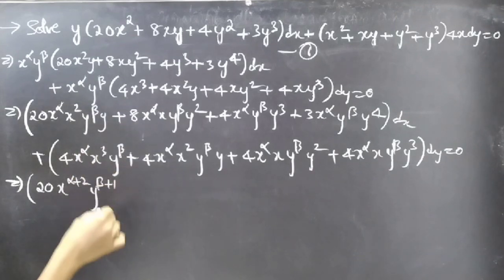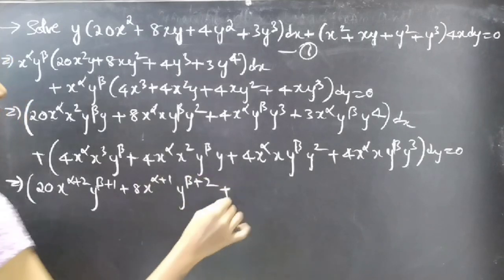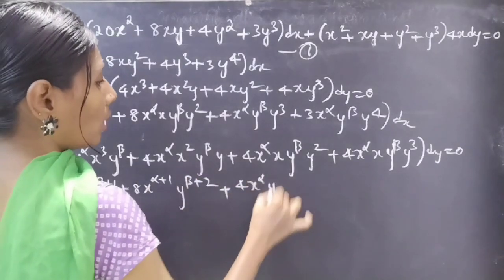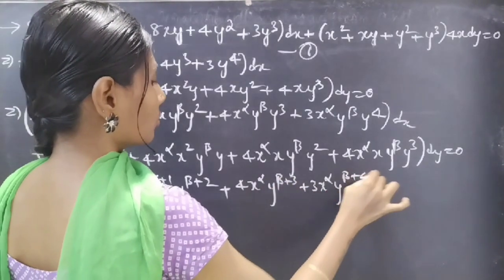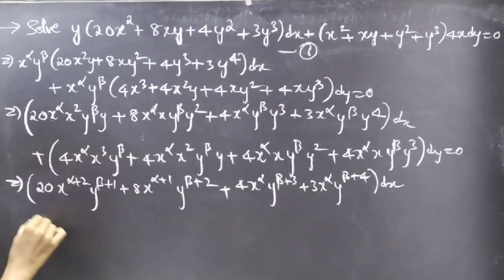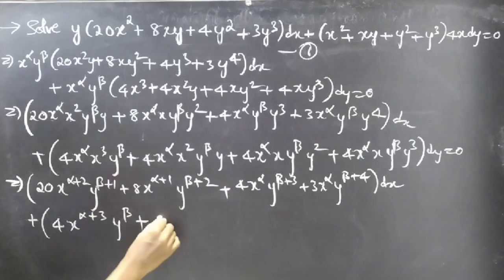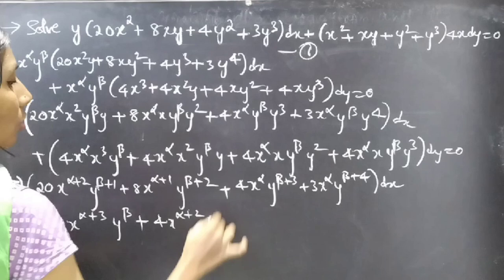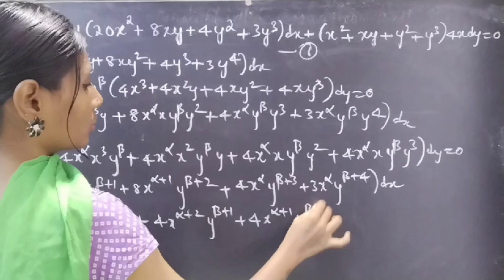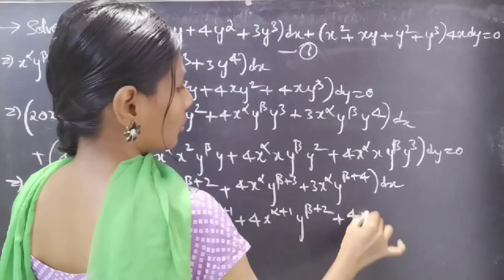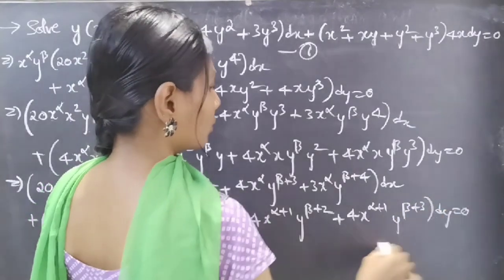You'll get y^(β+1) plus 8 into x^(α+1) y^(β+2) plus 4 x^α y^(β+3) plus 3 x^α y^(β+4) into dx plus 4 x^(α+3) y^β plus 4 x^(α+2) y^(β+1) plus 4 x^(α+1) y^(β+2) plus 4 x^(α+1) y^(β+3) into dy equal to 0. Consider as equation number 2.